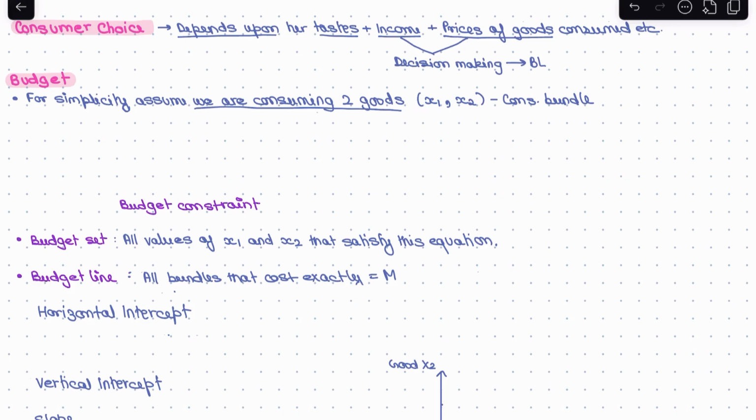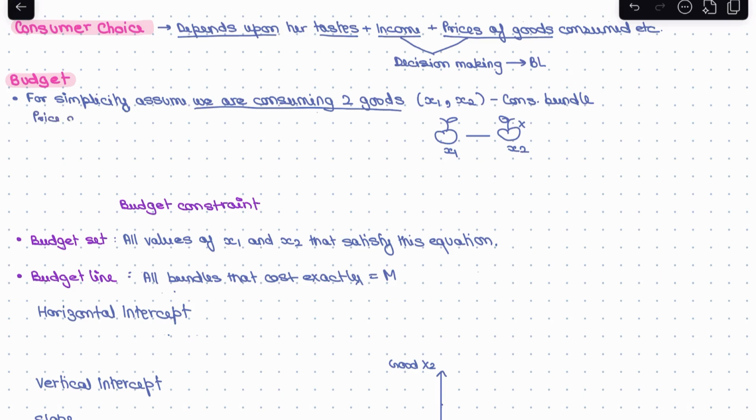I am a consumer who is consuming two goods, apples or good X1, and all the other goods that are not apples or good X2. So, good X2 is a set of all the goods that I as a consumer am consuming, and these goods are not apples. So, we can say that this assumption, though quite simple, is not as simple as it seems.